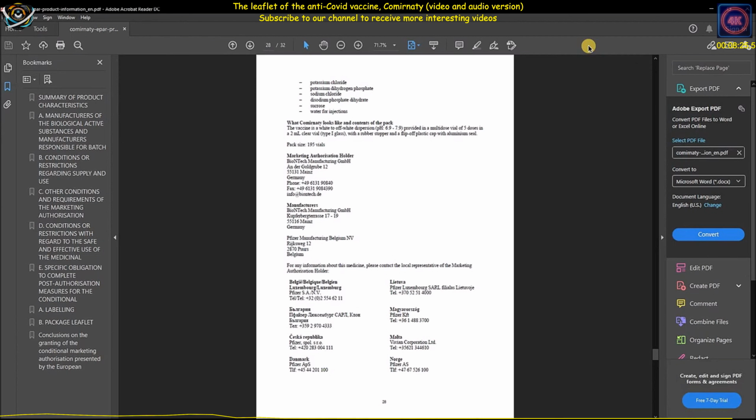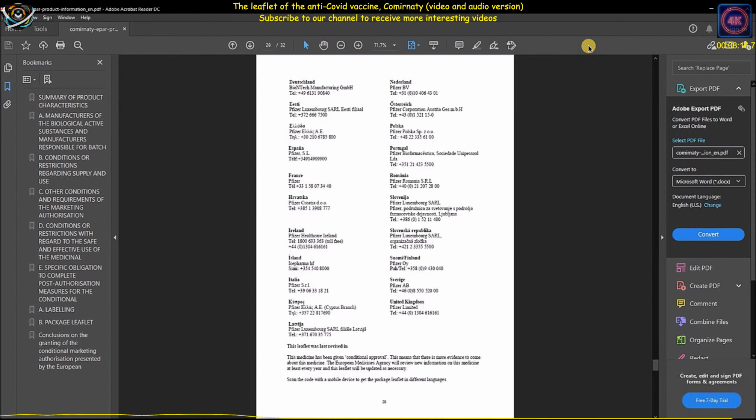Norge, Pfizer AS, Tlf +47 67 526 100. Deutschland, BioNTech Manufacturing GmbH, Tel +49 6131 90 84 0. Nederland, Pfizer BV, Tel +31 (0) 10 406 43 01. Eesti, Pfizer Luxembourg SARL Eesti filiaal, Tel +372 666 7500.